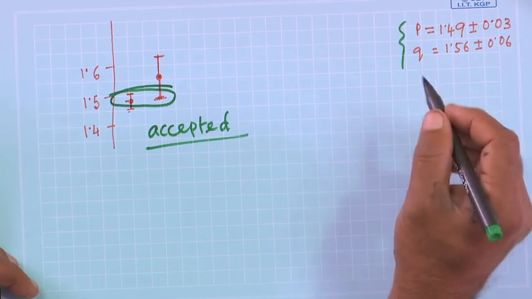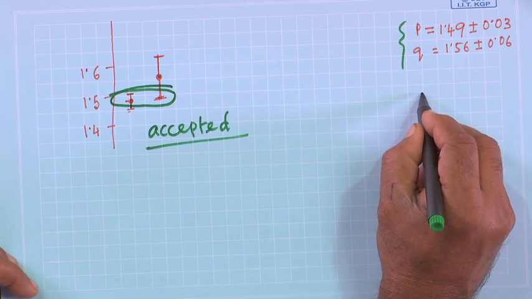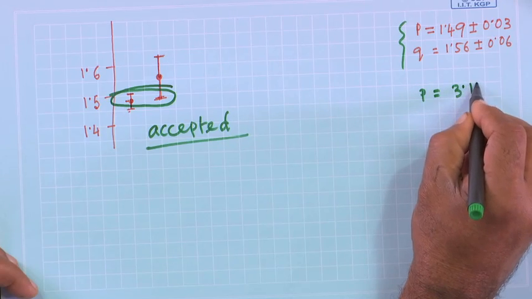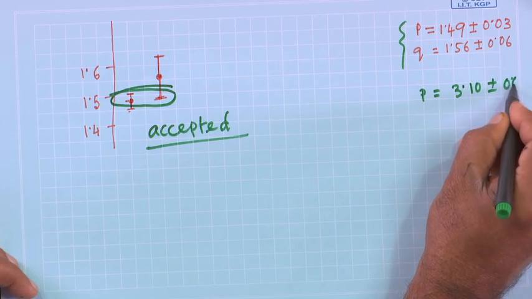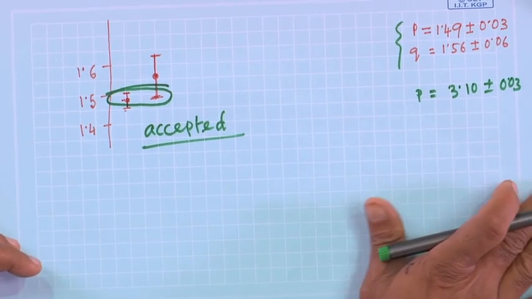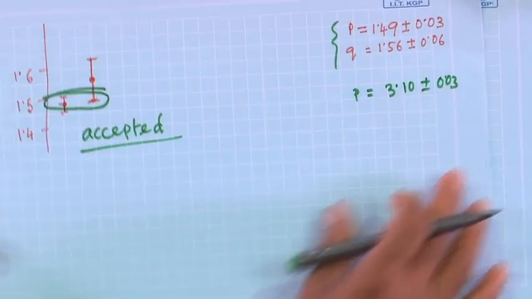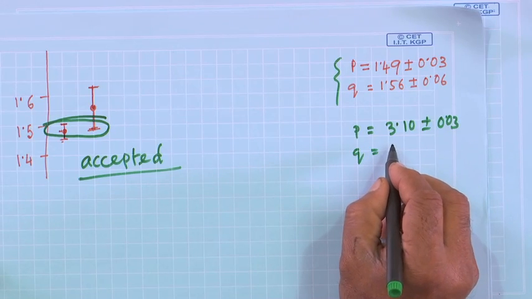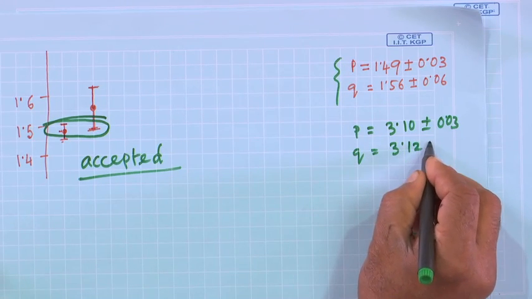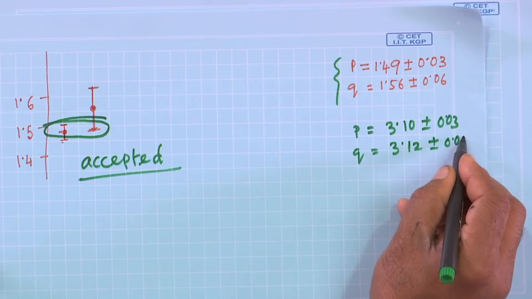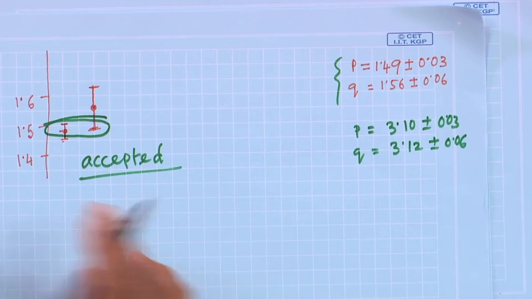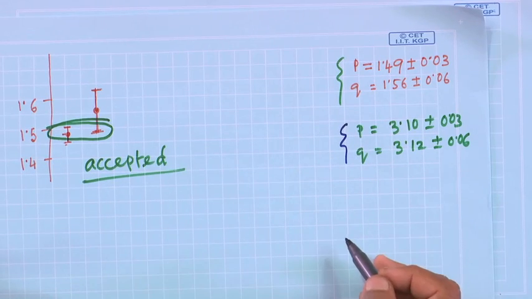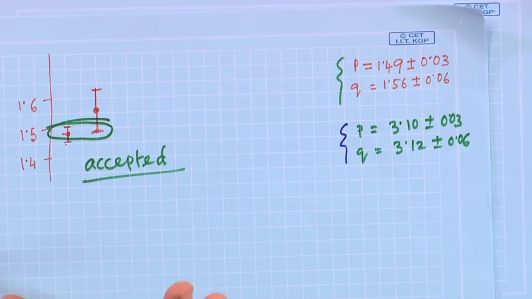Say P equal to 3.10 plus minus 0.03, and Q we are getting 3.12 plus minus 0.06. This is another set of data from the same system.